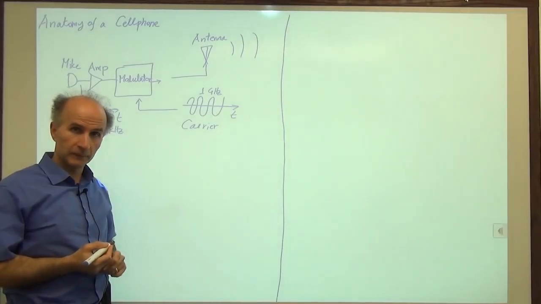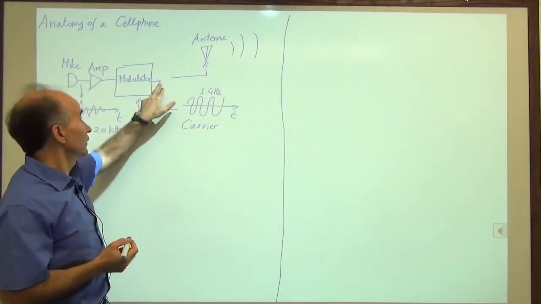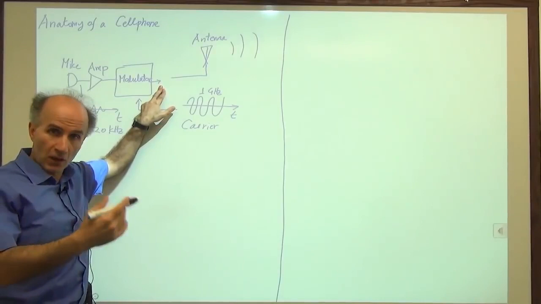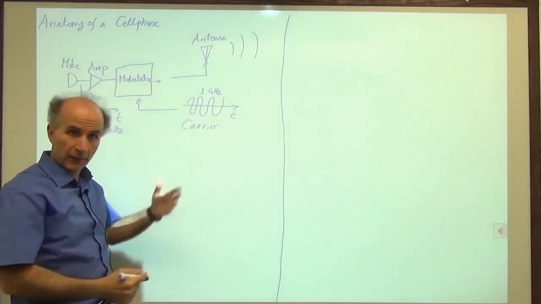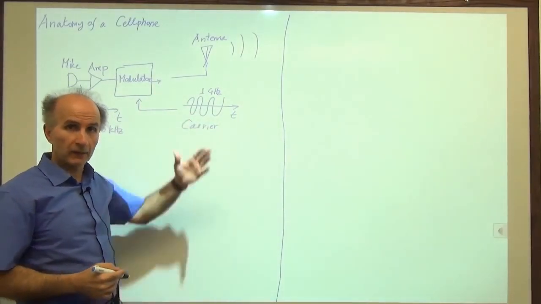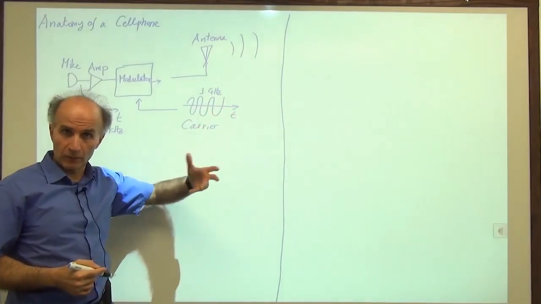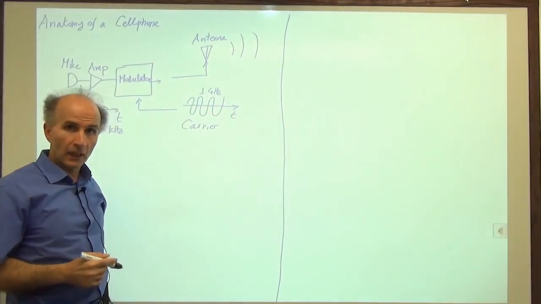Okay? All right. Now, this is ready to be transmitted. The frequency of the signal is high enough, let's say 1 gigahertz, that the antenna would be of reasonable dimensions.